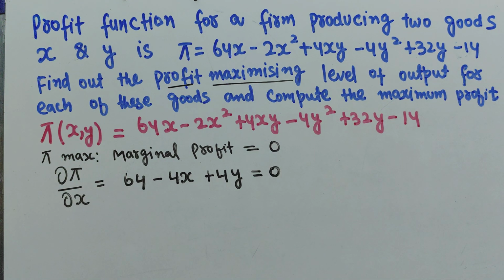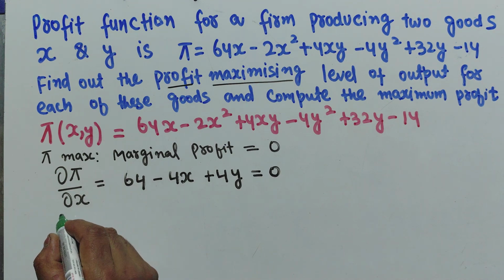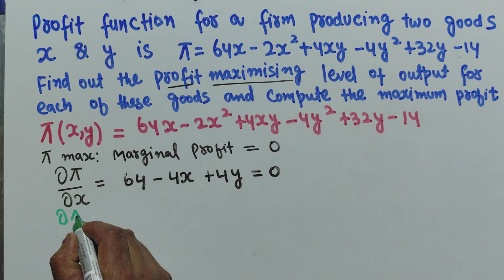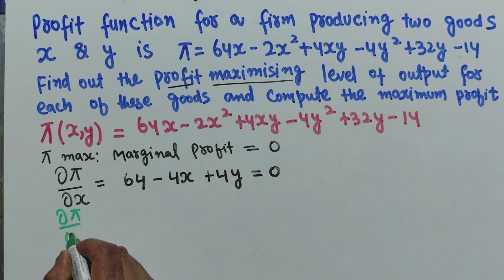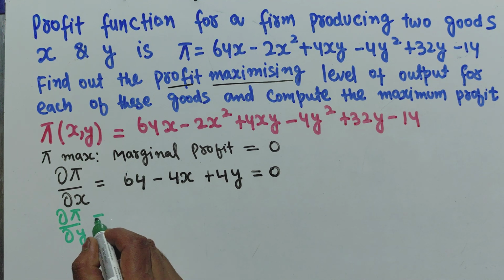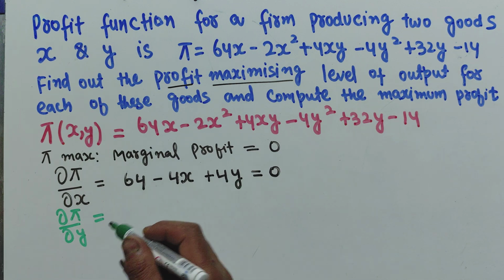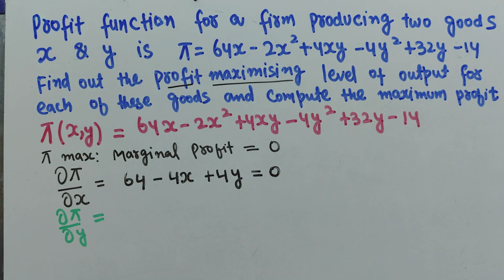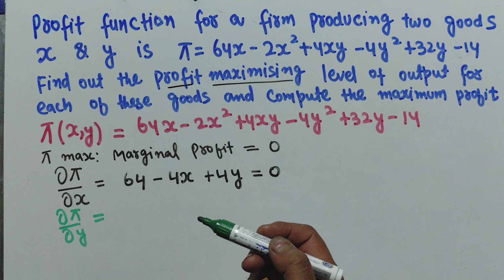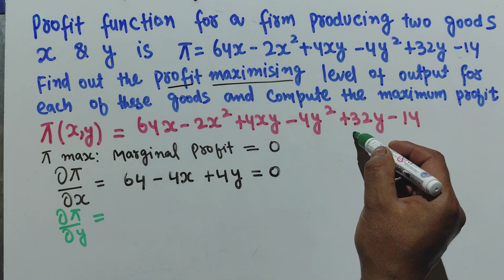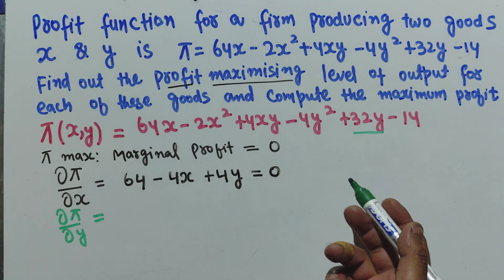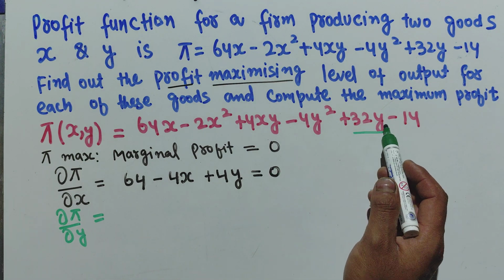In the same manner, the marginal profit for the second good should also be equal to 0. That means the derivative of the profit function with respect to good y should be equal to 0.